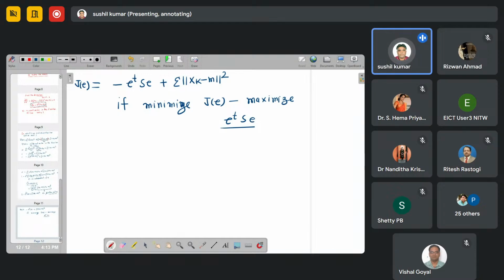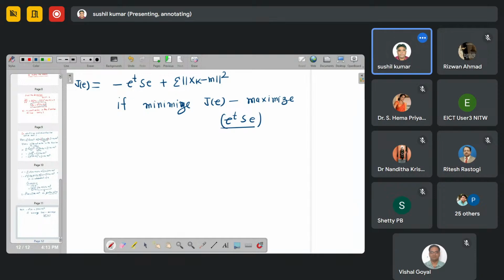Because it is a negative term here, so J(E) will decrease when this is maximum. So to minimize J(E), we need to maximize E transpose S E, and then you will go to the correct direction and the correct values for this portion.